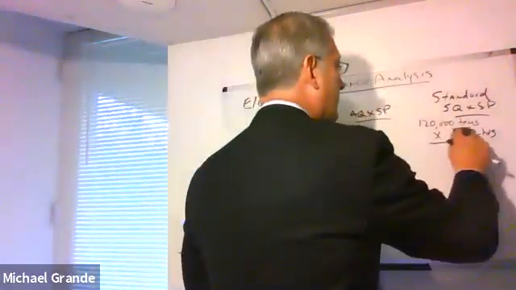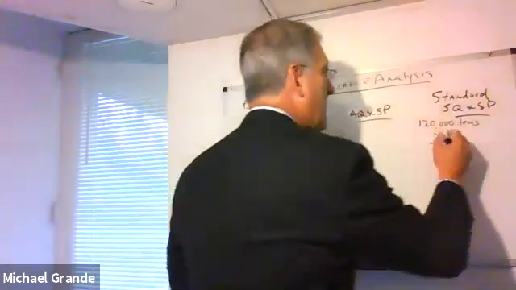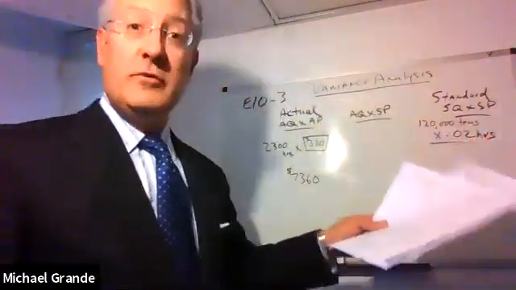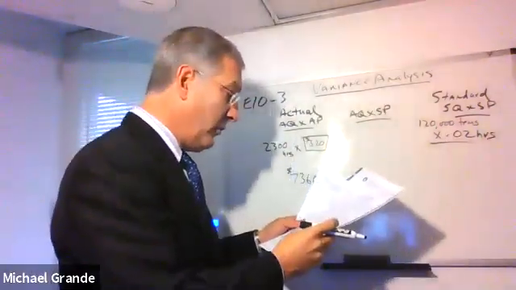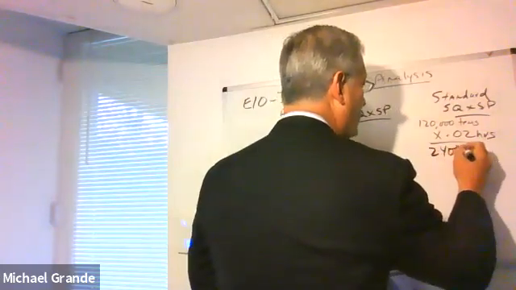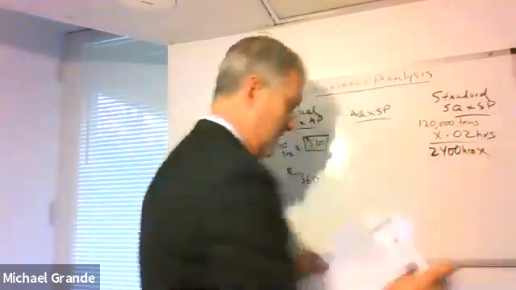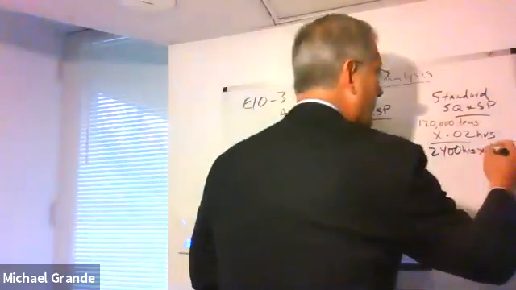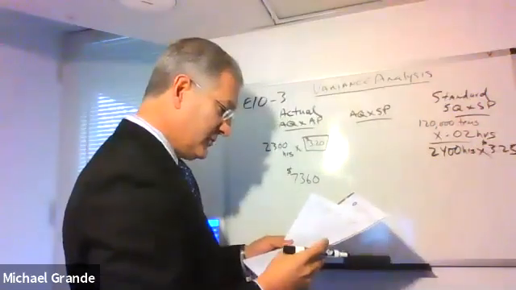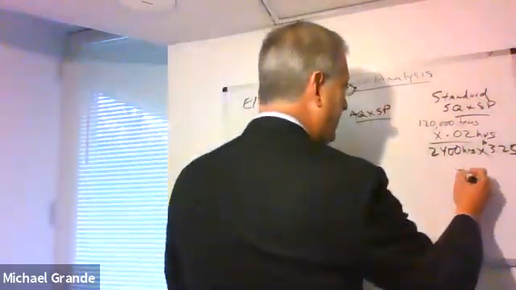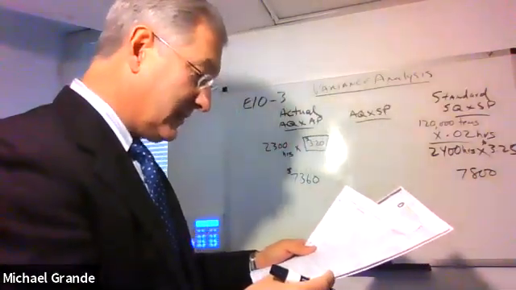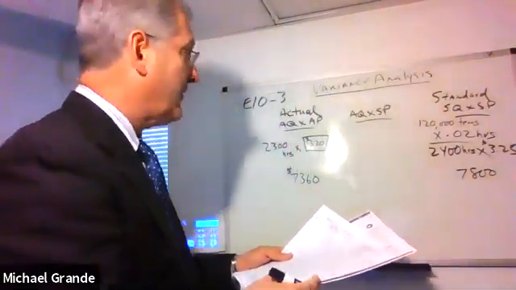My apologies. 0.02 hours. 120,000 units, taking 0.02 hours, they should have used 2,400 hours. The standard price, $3.25. They should have spent $7,800 on overhead.